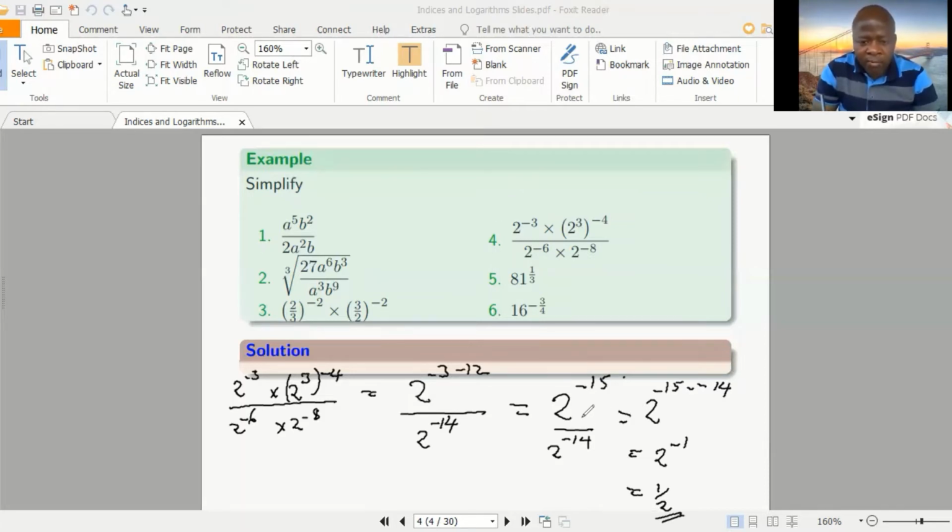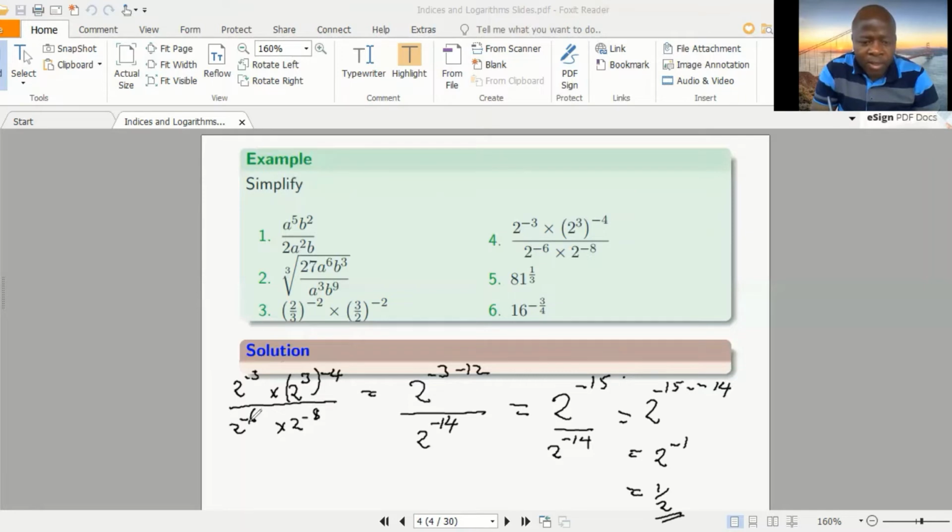And you can see what I have done. You may also want to do it the way I was doing it earlier, but I changed my mind to make it a bit simpler because you already know the rules here. When you are multiplying, you add the powers. So we just added the powers here. You know that this is negative 12, so negative 12 plus negative 3 gives us negative 15.